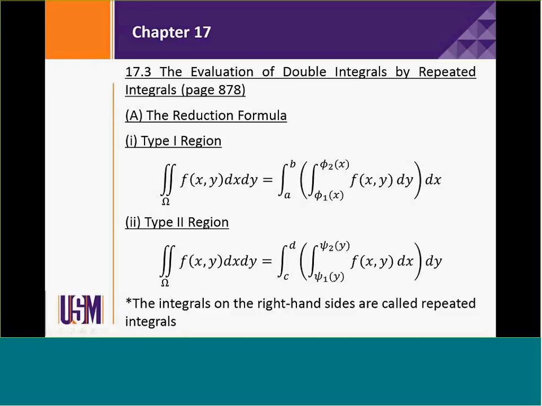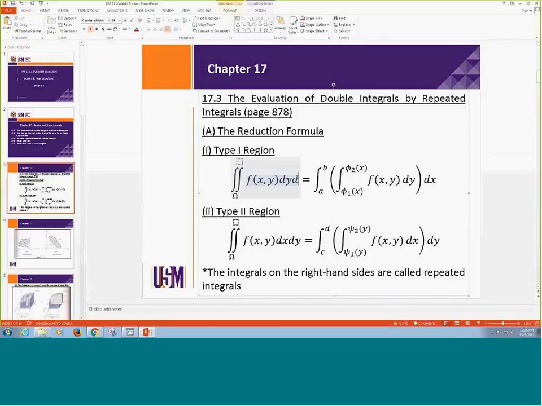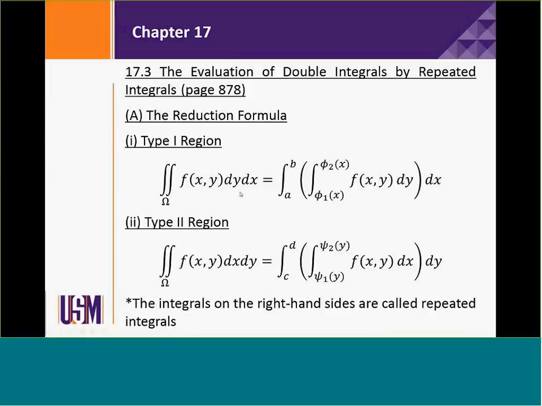For a type 2 region, you replace dA with dy dx. So one is dy dx, the other one is dx dy.